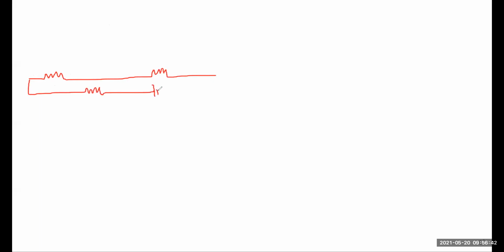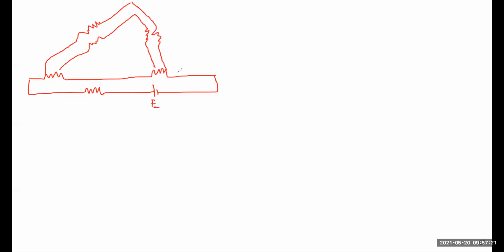In the previous lecture I have already covered this. This is the battery, E is the battery, the supply. Very normal diagram I'm drawing just to make you understand. You can check any book if you have.